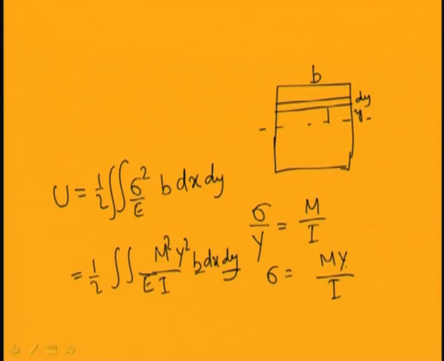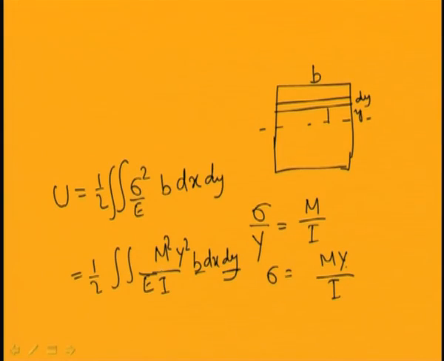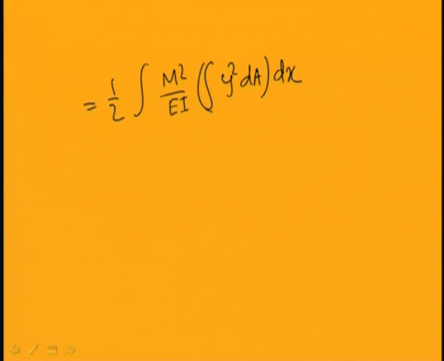I can write this expression equal to half M square by E I square, taking it out of the integral. This becomes integral of y square dA into dx. For sigma I can substitute M y by I, so the square of this becomes M square y square by I square, and with E, M square by E I square.